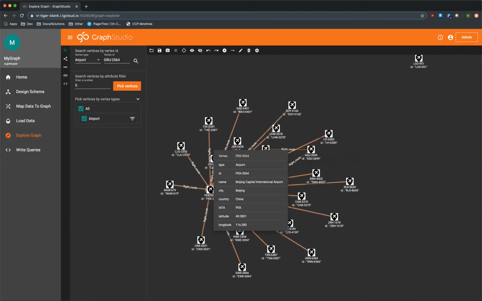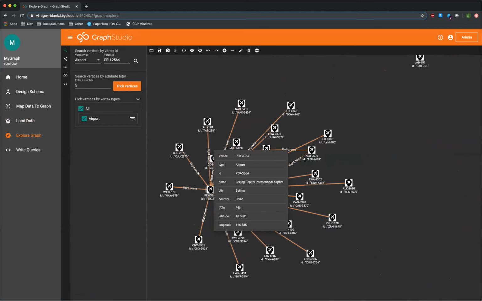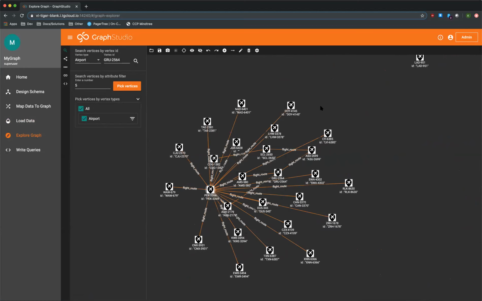Now it looks like we're seeing about 20 connections. Now I know for a fact there are more than 20 non-stops out of Peking. It's probably because when he did the exploration, he put some filter on it.